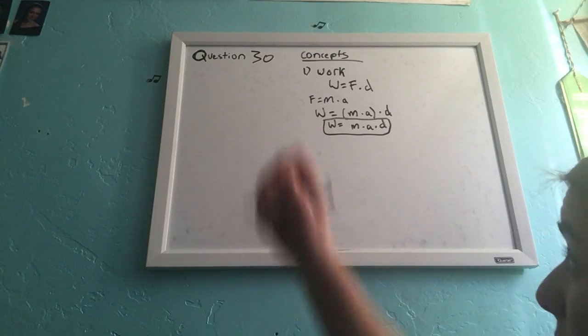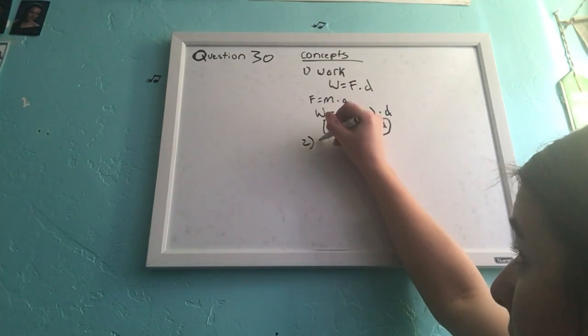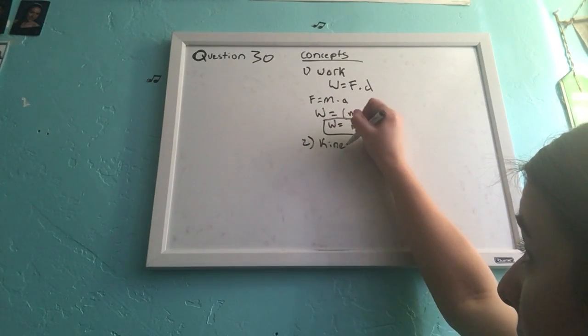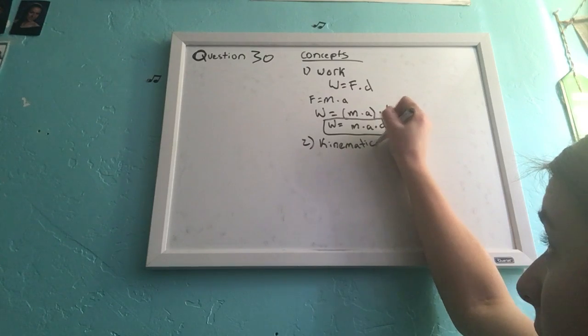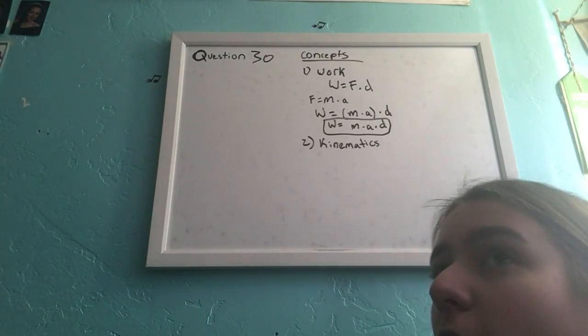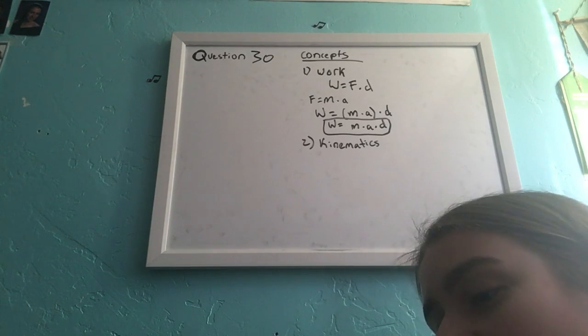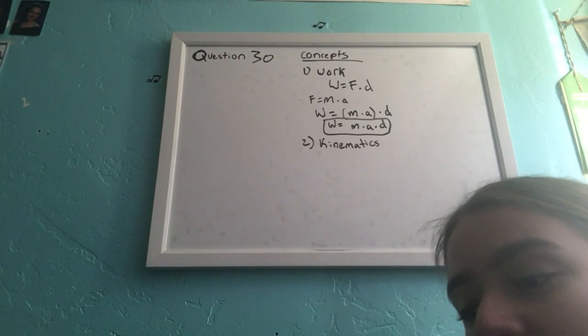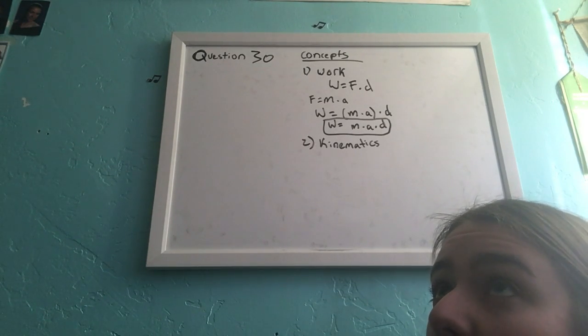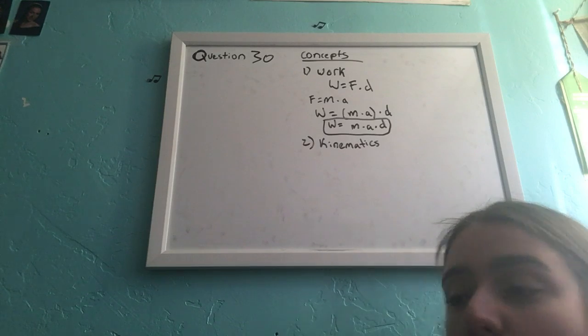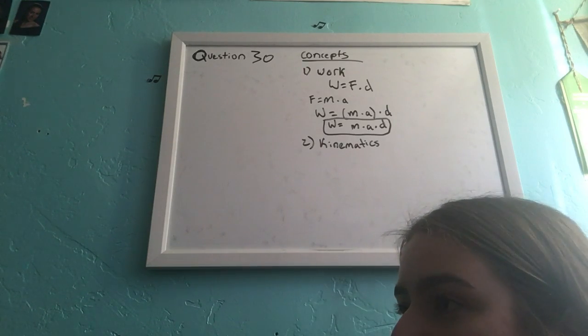The other concept I'm going to go over is the kinematics equations. I've explained this before, but basically kinematics is looking at motion, like velocity, acceleration, displacement, without looking at force and what caused that motion.